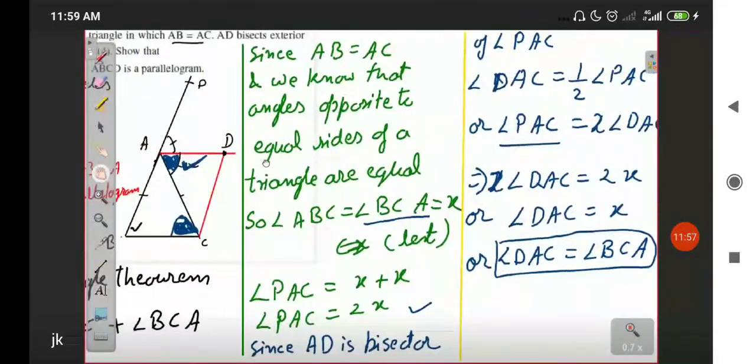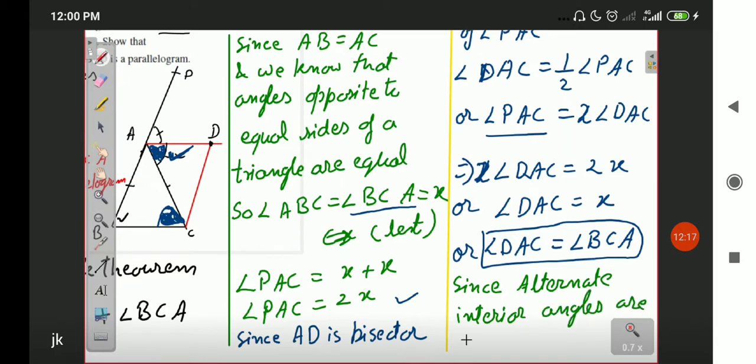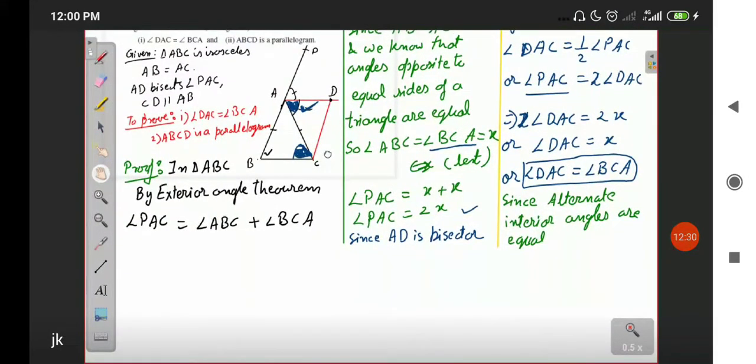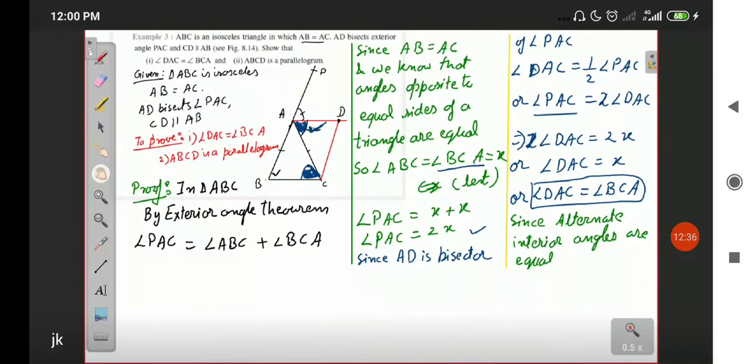Using this, I will say that since alternate interior angles are equal, AD line is also parallel to BC.